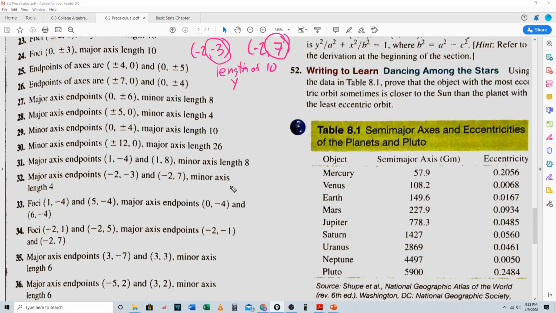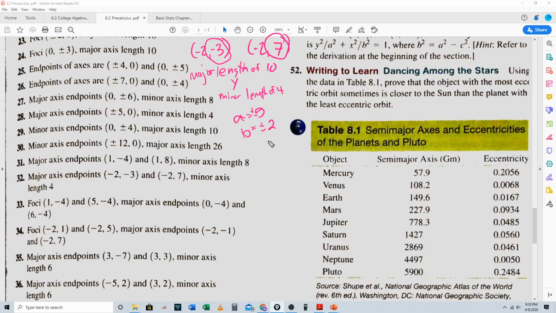And the minor axis is a length of 4. So we know a is equal to plus or minus 5, and b is equal to plus or minus 2.